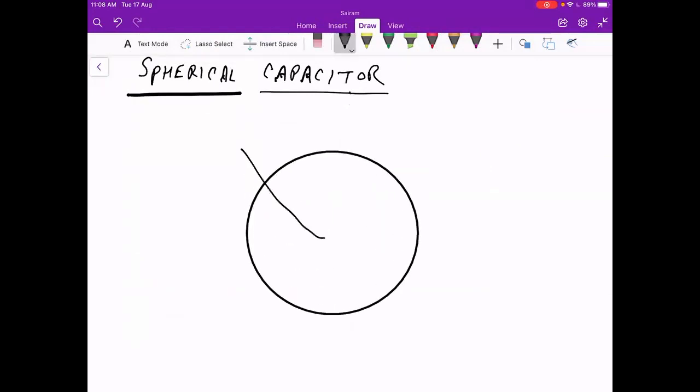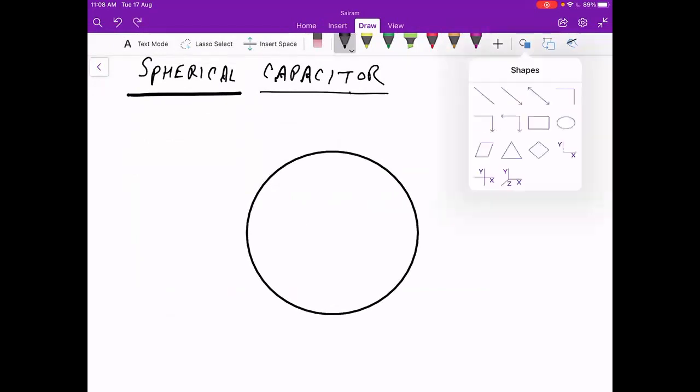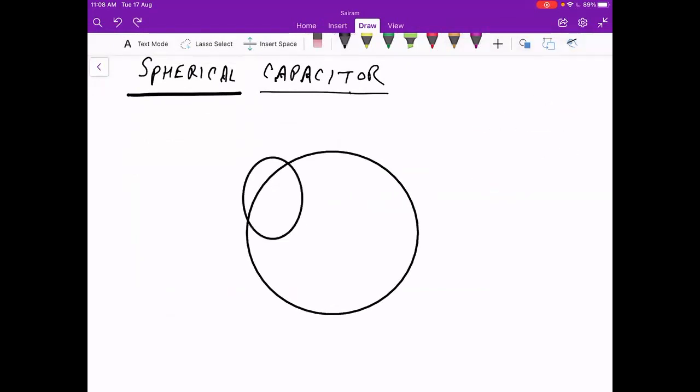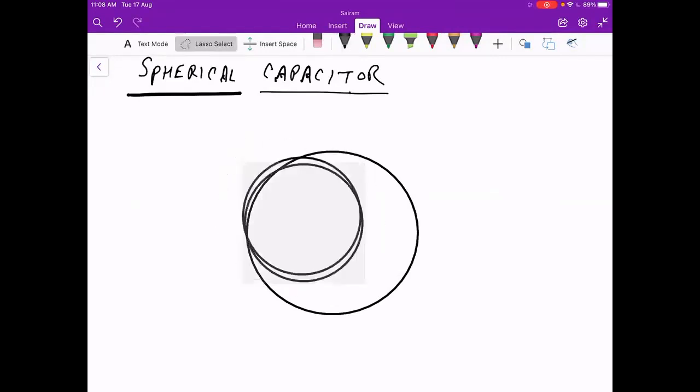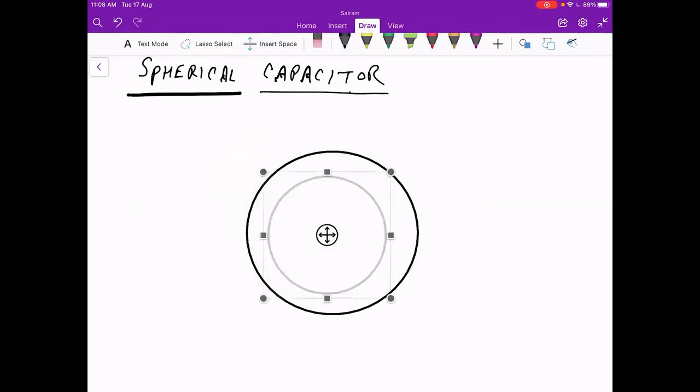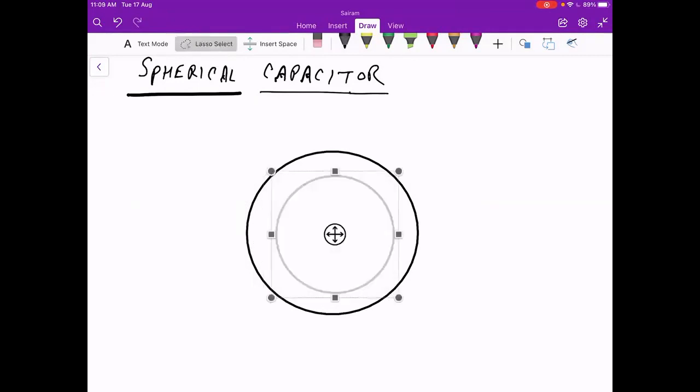A spherical capacitor consists of two conducting hollow concentric spheres with, of course, different radii, but equal and opposite charge on each.